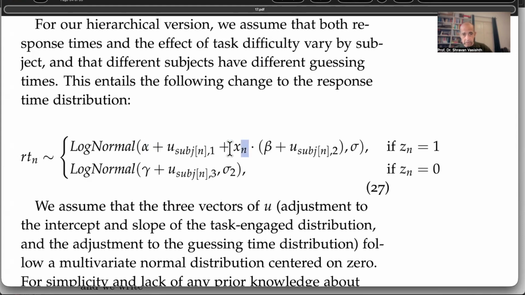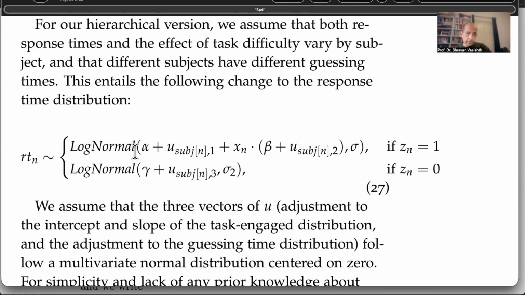In the nth row, this x will either be plus 0.5 or minus 0.5, plus 0.5 for hard, minus 0.5 for easy, right? So this number was originally being multiplied with beta to produce the response times in the engaged condition. Similarly, same thing here.